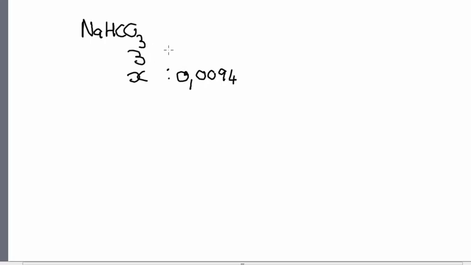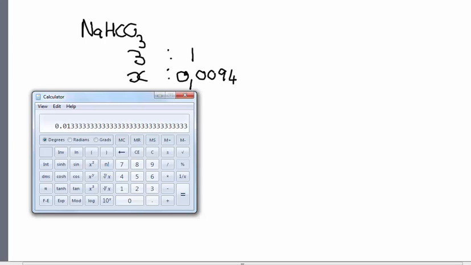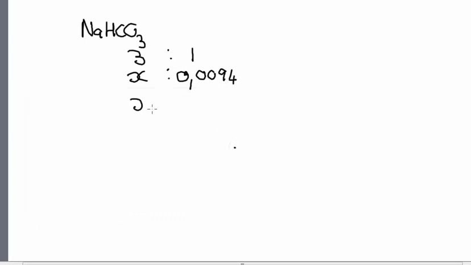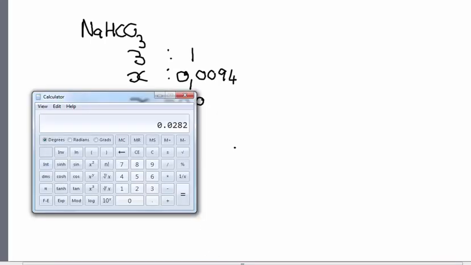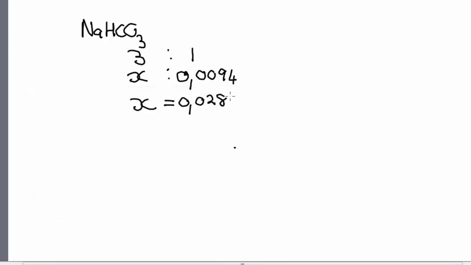We know our mole ratio is 3 to 1. So when we multiply 3 times 0,0094, this gives me 0,0282. This is the amount of moles of NaHCO3 that we are going to use.